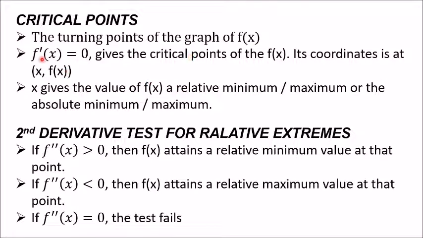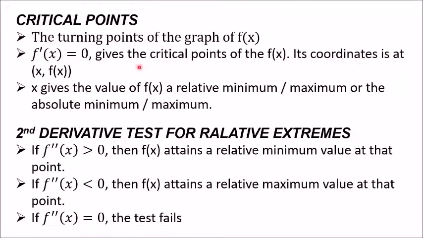And that is, if f prime of x equals 0, then yung value ng x doon will give the critical points of the function. So, ito yung magiging paraan natin to get the critical points. I-equate lang natin sa 0 yung kanyang first derivative and then solve for x. Yun na yung magiging critical value ng x.